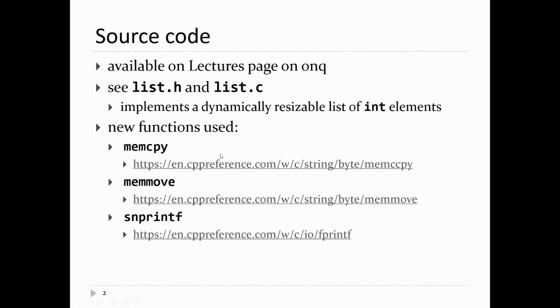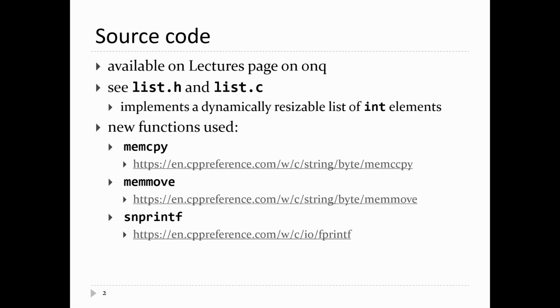So the documentation for these three functions is also listed here. If you just hit the links, you'll get to the documentation. I'll quickly tell you what these do. Memcpy copies a chunk of memory into another non-overlapping chunk of memory. Memmove does the same thing, except you can move a chunk of memory onto an overlapping chunk of memory.